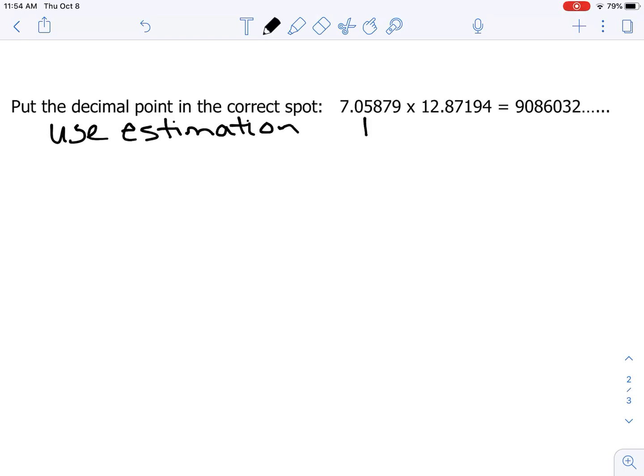So I'm going to round this number, 7 and 5,879 hundred thousandths, to just 7. We're going to drop the decimals. And we're going to round the 12 and 87,194 hundred thousandths up to 13. And then we're going to go ahead and multiply those two. So 7 times 13 gives us 91. So I know our answer has to be close to 91.